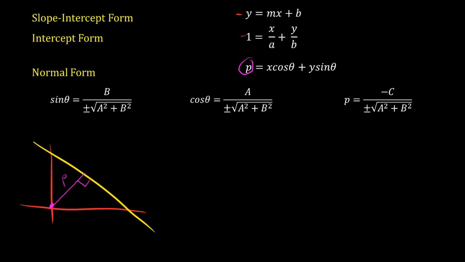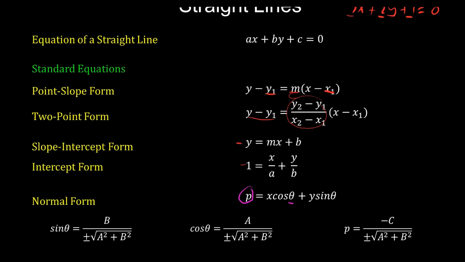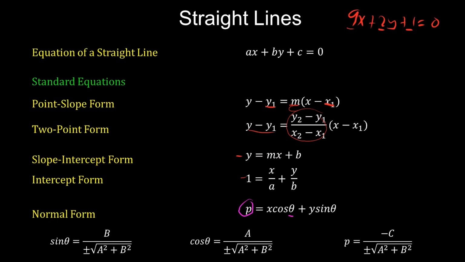Then this theta is the angle. If you are given this information, you can get the equation in normal form. The formula below, with sin theta and cos theta, you use it for example when given the general equation and you are tasked to transform it to the normal form. So what we will do is use conversion, and this is what you will use.